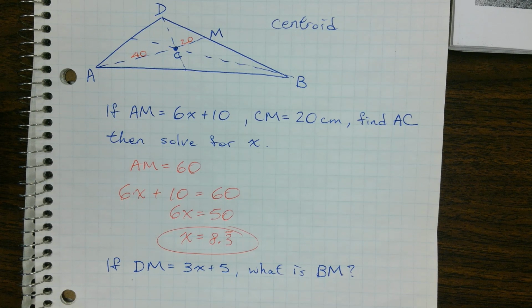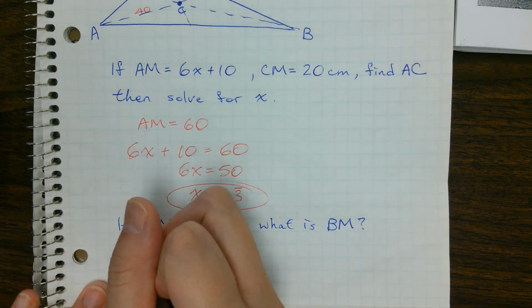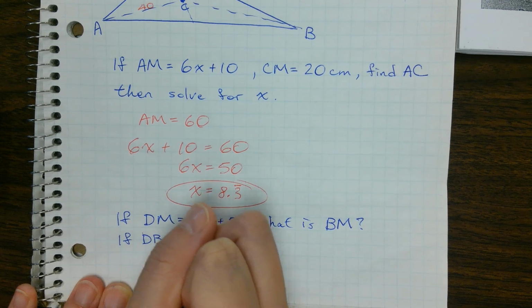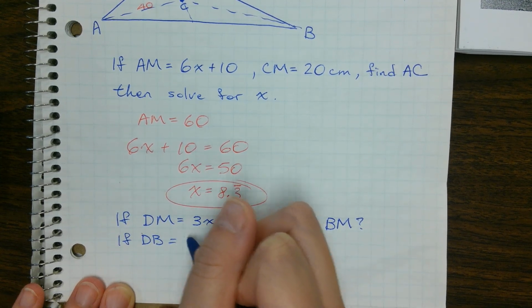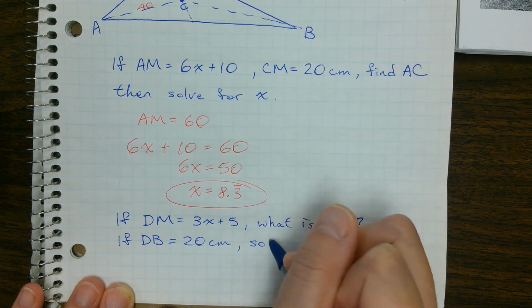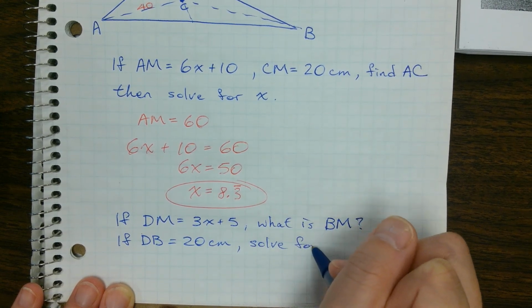Another one of those tricky questions. BM is also 3x plus 5 because it's the median. So this length equals this length. So it's just also 3x plus 5. And if DB is 20 centimeters, solve for x.